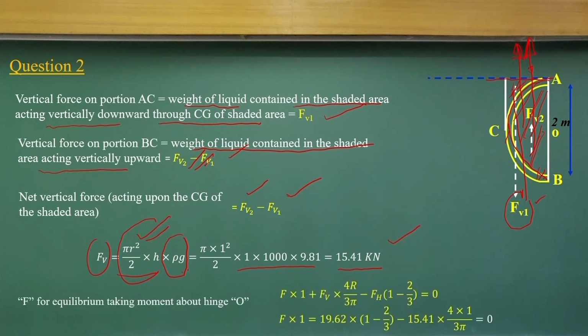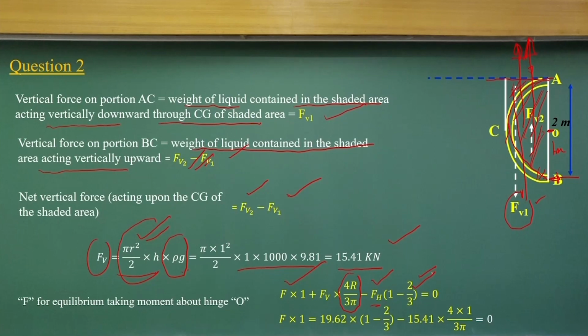Now, if I take a moment at the hinge location, we remember the vertical force acts at a 1 meter distance from the hinge, and its CG is at 4r/3π distance from the hinge location, and the horizontal force into its distance from this hinge.